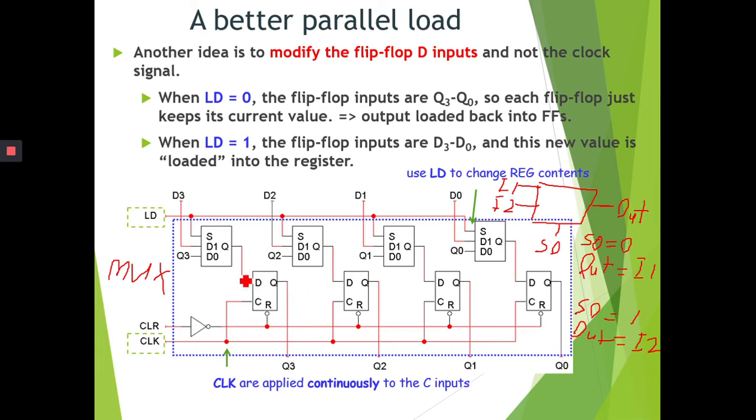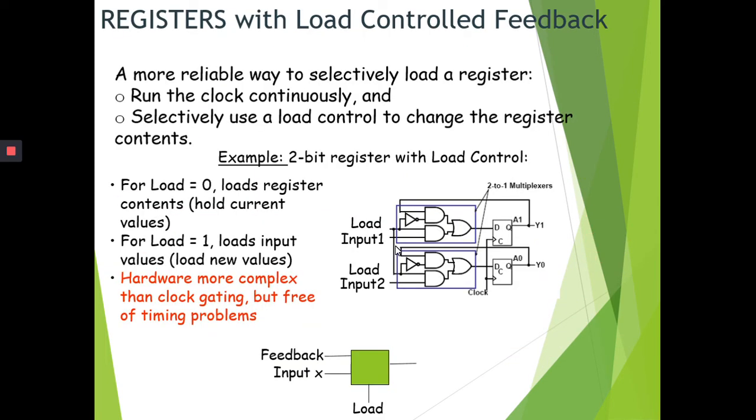But we need extra circuitry, the mux, to select which input we want to feed into the flip-flop. Whenever the load signal LD is equal to 1, it chooses the first input, D1. D1 is the new value that you want to insert into the flip-flop or into the register.